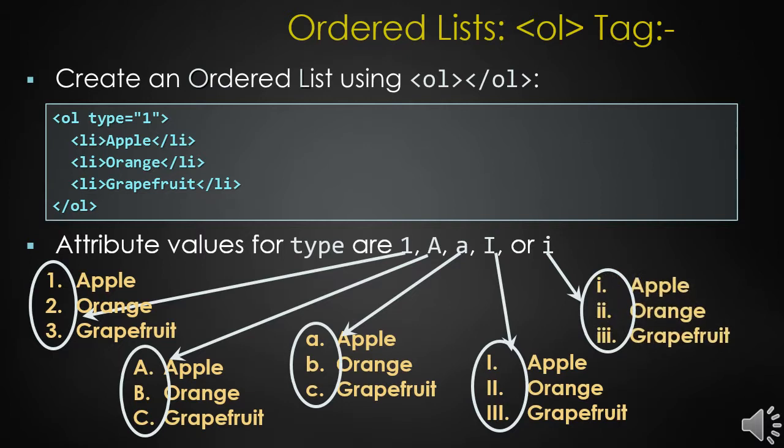Create an ordered list by starting with the opening OL tag and ending with the closing OL tag. Attribute values for type are numeric, uppercase letters, lowercase letters, uppercase numerals, or lowercase numerals.